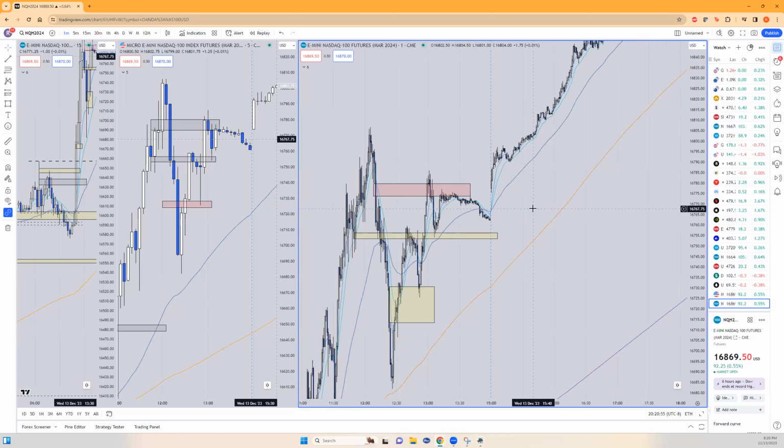They spent all day in consolidation, set it up, PM session, went in the direction, you came in the next day, it's at TP. Why does that happen? Because once everything has been balanced, it's ready to go, and nothing is going to stop it from getting to where it needs to be.